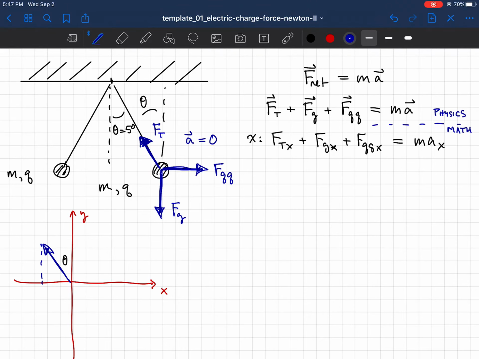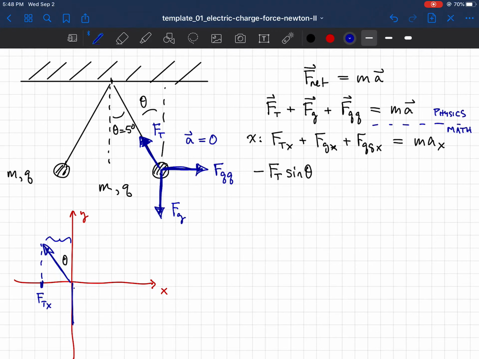And to find the x component, I project down to the x-axis, and this is FTx. So you can see that this is going to be the opposite side of the triangle that I'm looking for, but the number FTx is on the negative x-axis, so my FTx value should be minus magnitude FT sine of theta.